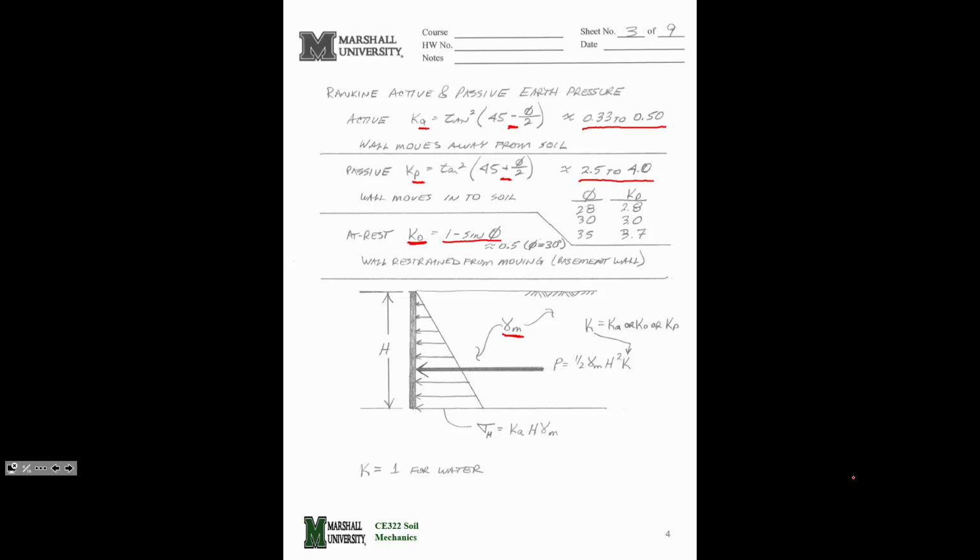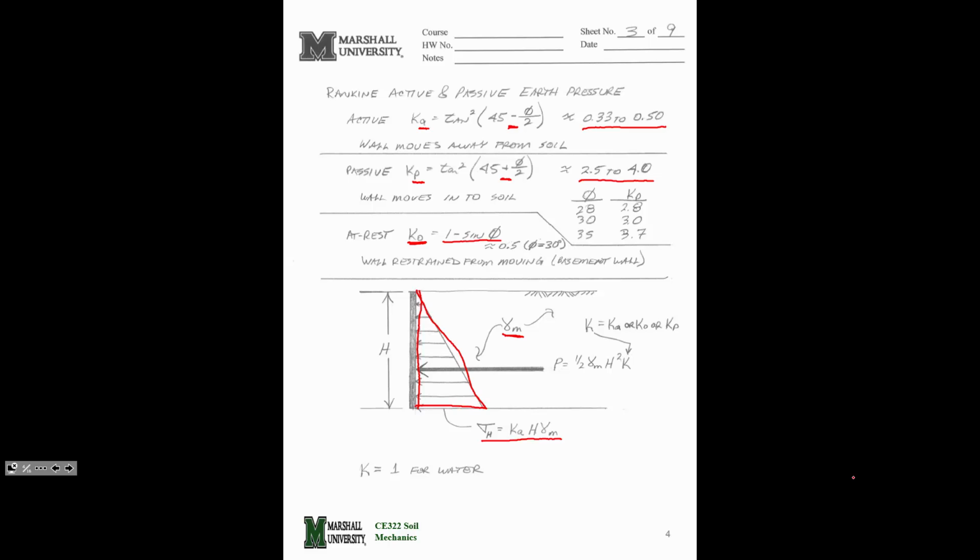You've got your pressure diagram. So this is the actual pressure on the back of the wall. Pressure increases with depth, and that pressure at the bottom, horizontally, is K sub A. In this particular case, I'm looking at the active condition, so the wall can move away from the soil.